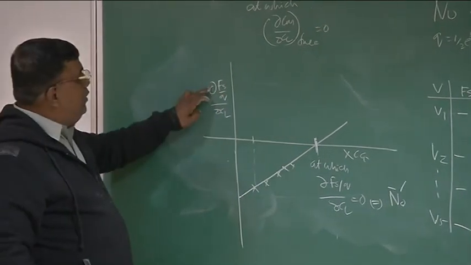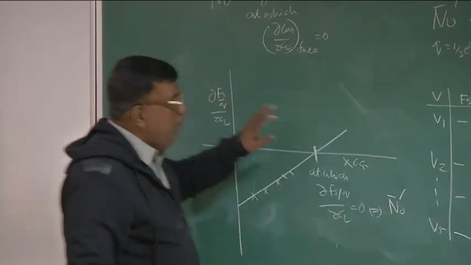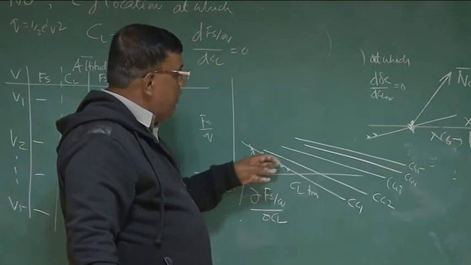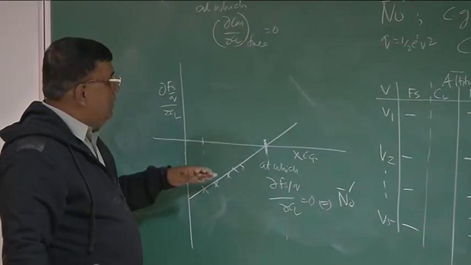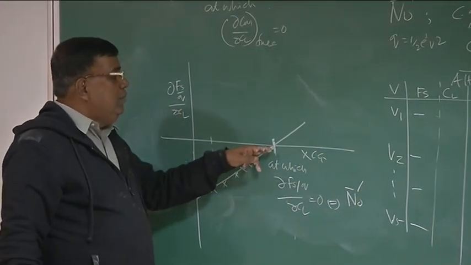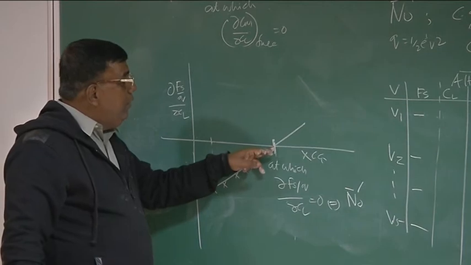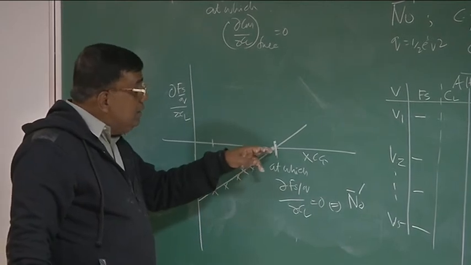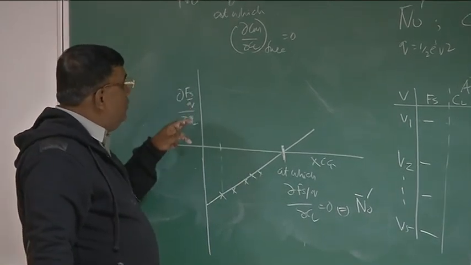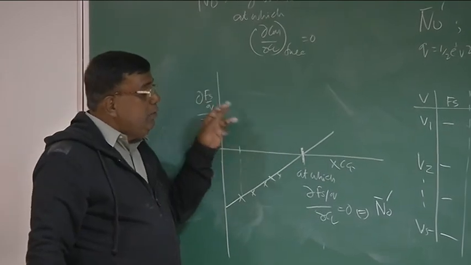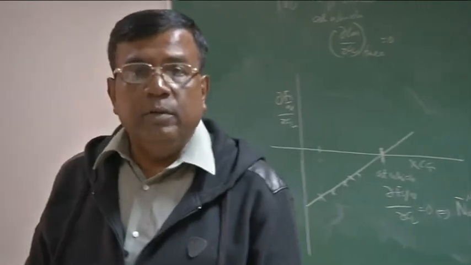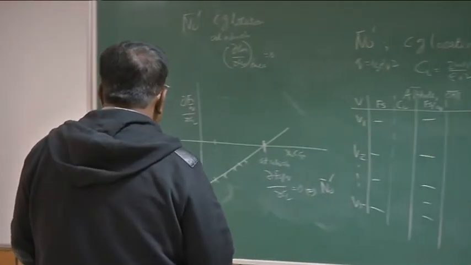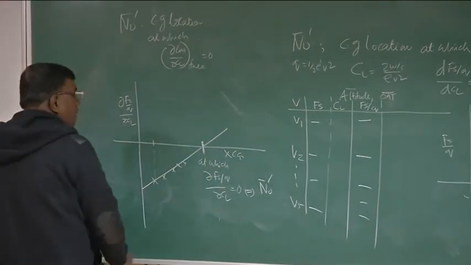Clear? dFs by Q by dCl, which is the slope of each of these lines, I'm cross-plotting them with CG, and then I'm extrapolating it, and where it comes to the CG axis, this is the CG location at which dFs by Q by dCl is 0, which is nothing but the stick-free neutral point. That is how I measure the stick-free neutral point. Clear?